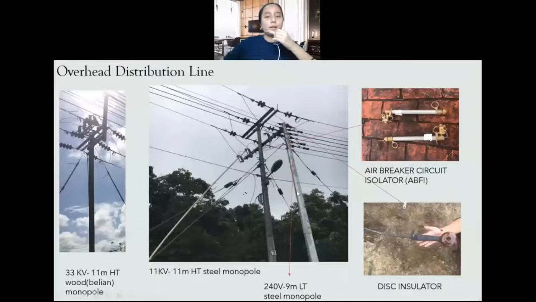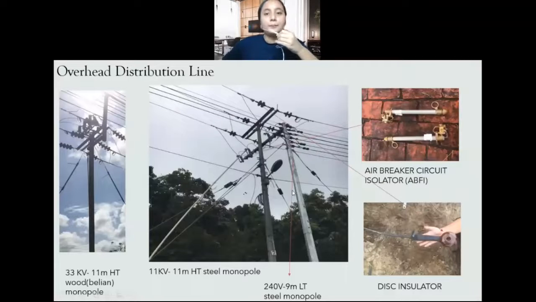This one actually carries home standard electricity, which is 240 volt, because in front of these lines there is a transformer that will step down 11 kilovolt to 240 volt.